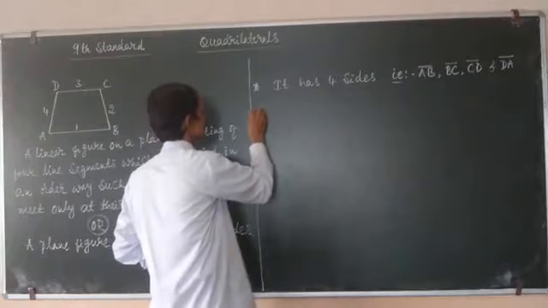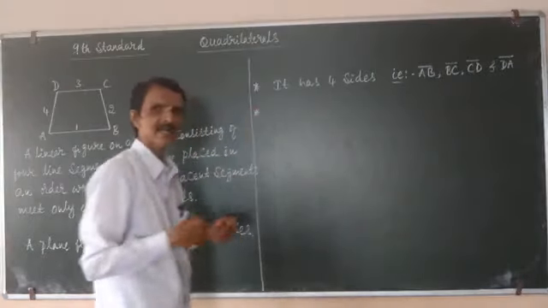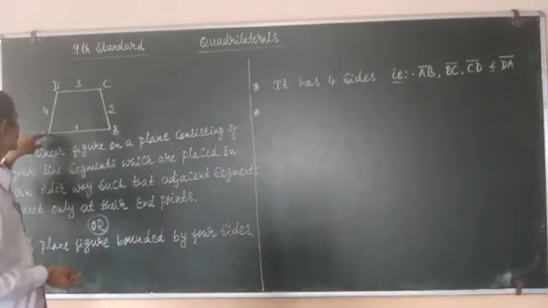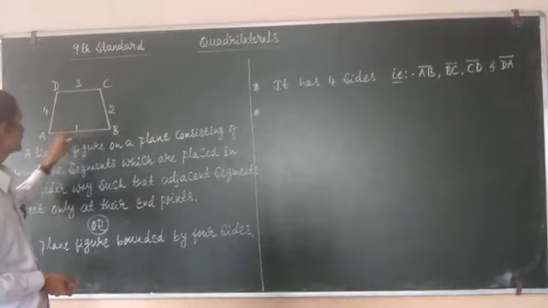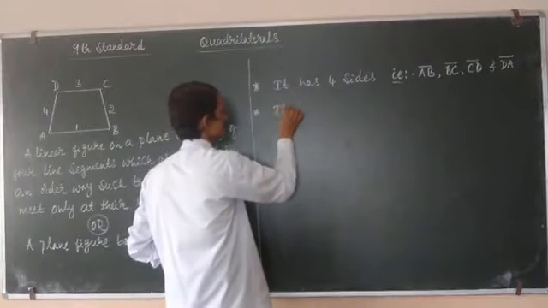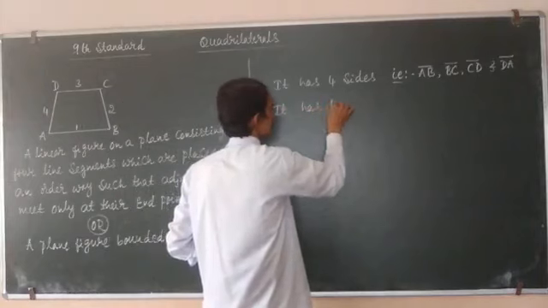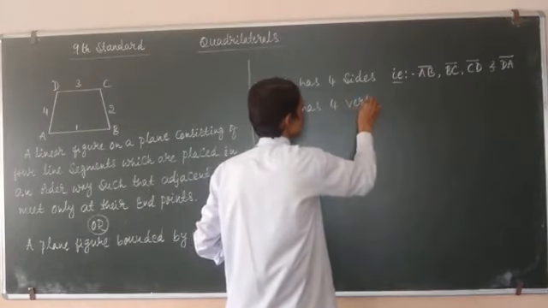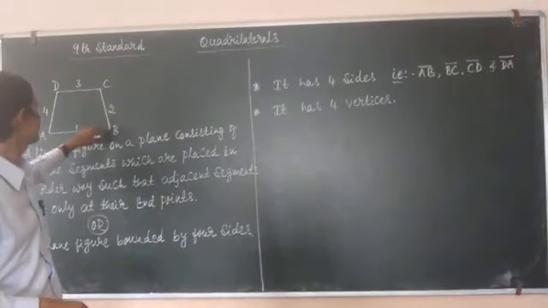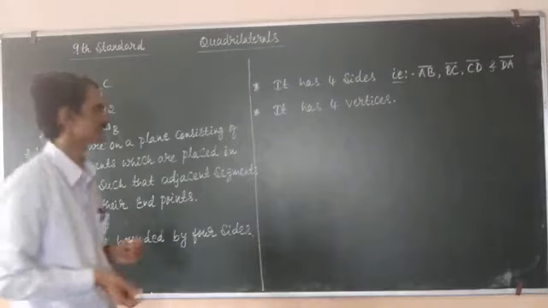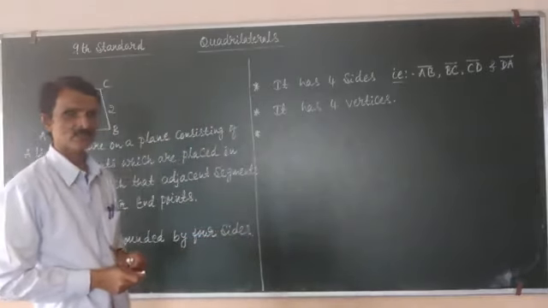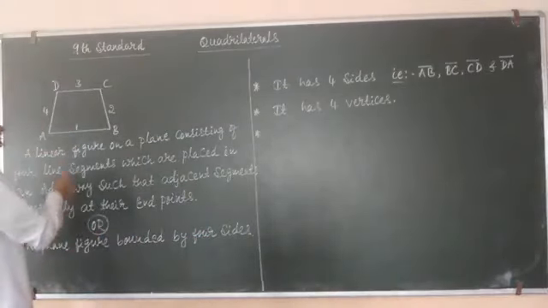The second one: it has four vertices. Observe here: 1, A, 2, 3, 4. They are called the vertices of the quadrilateral. So it has four vertices. They are A, B, C, D. Now coming to the angles, observe how many angles there are.